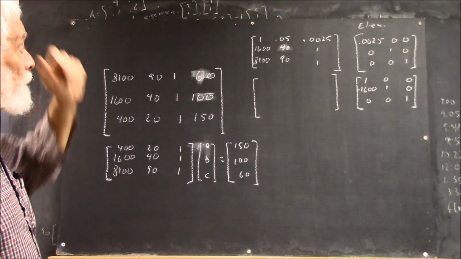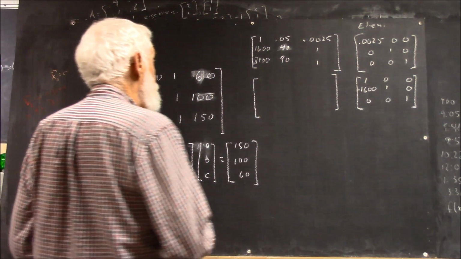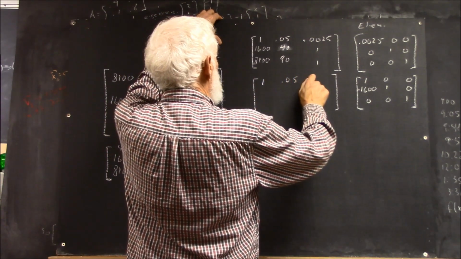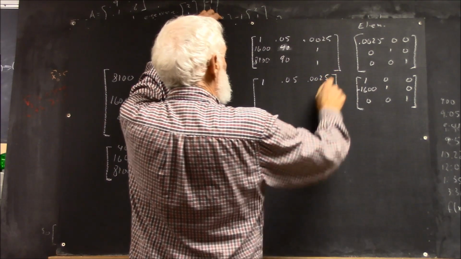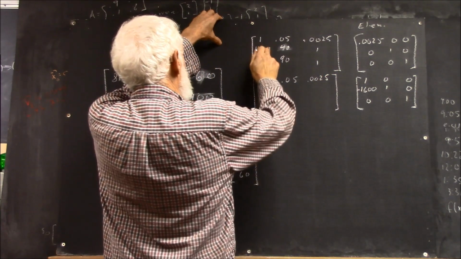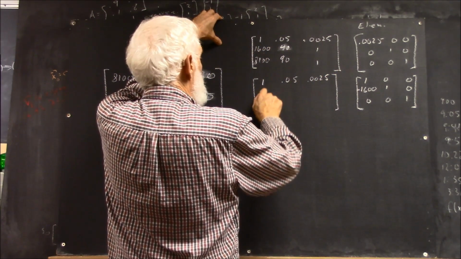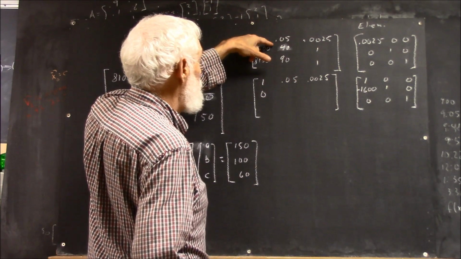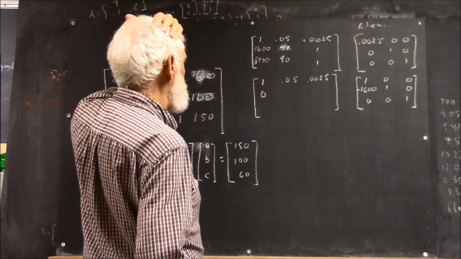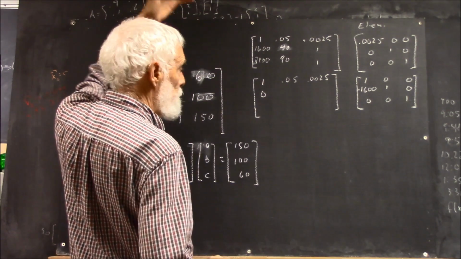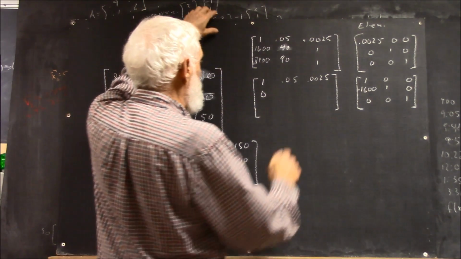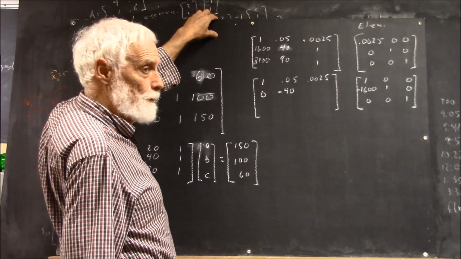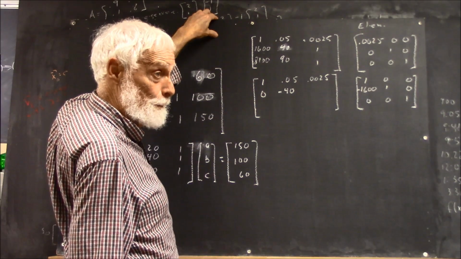Okay? And that's going to give us 1, 0.05, 0.0025, and it's going to give us 0, negative 1600. I've got to be a little careful. Times 0.05 is divided by 20, minus 80, so that should give us negative 40, but again, my arithmetic might or might not be right here, okay?